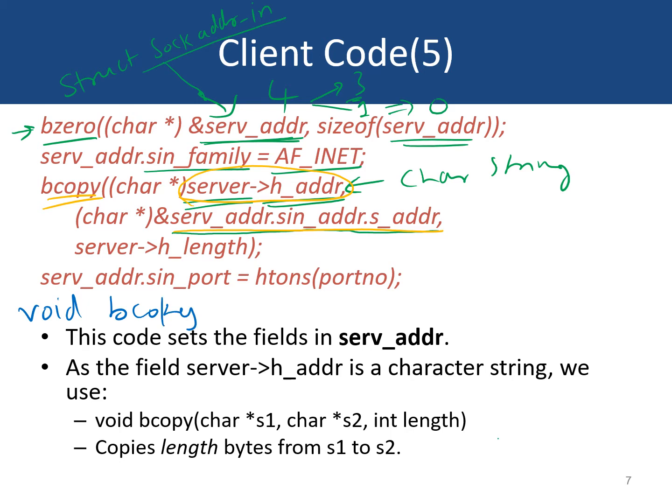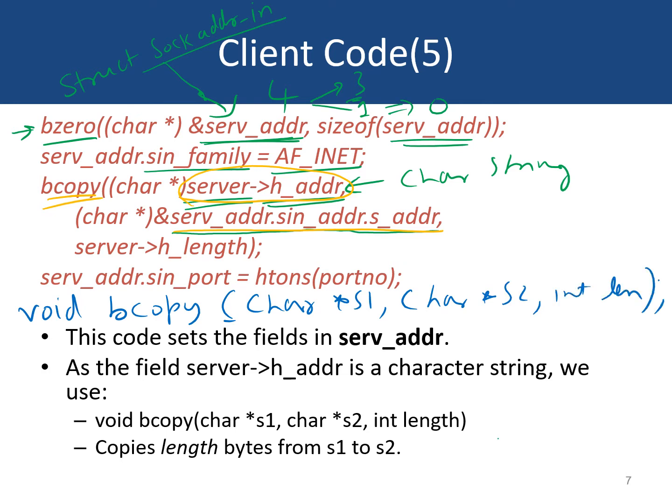We have void bcopy, character string s1, character string s2, integer length. So essentially, this bcopy function copies length number of bytes from string s1 to string s2. So that is what we are doing here in the bcopy function.